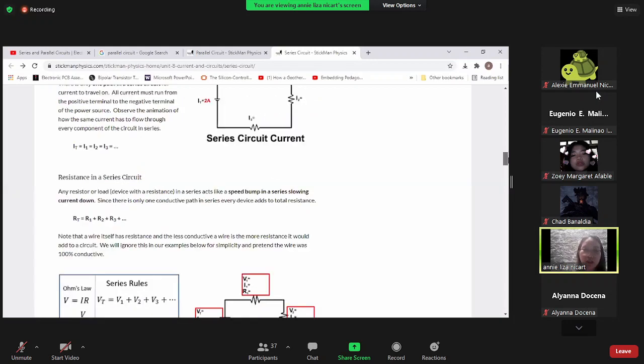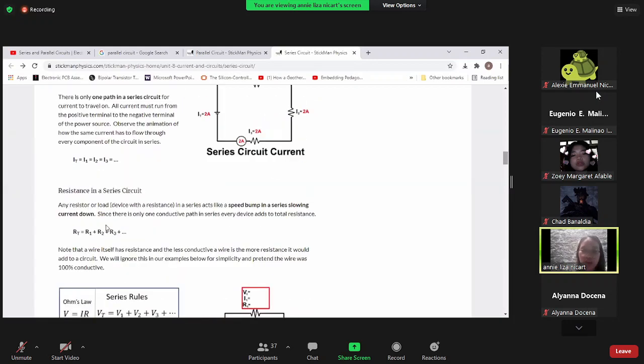Okay, finding the total resistance. To find the total resistance in a series circuit, you just add the resistance of each load: the resistance of the first load plus the resistance of the second load and third load. That would be equal to the total resistance in a series circuit.